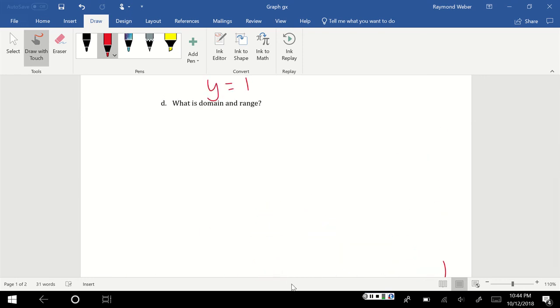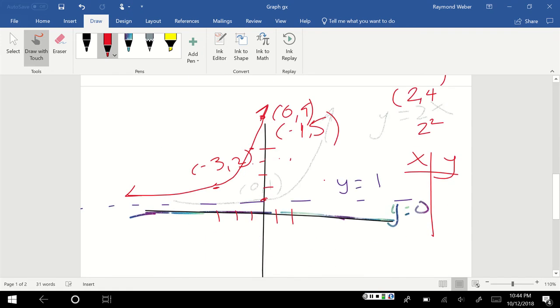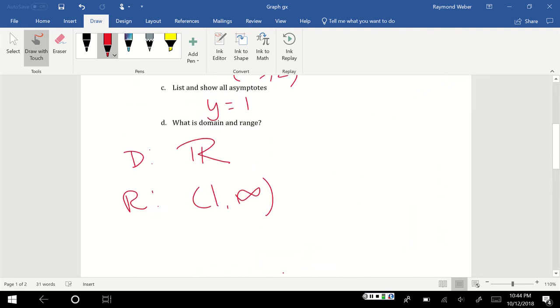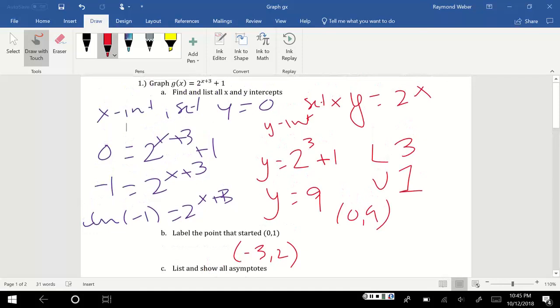So my domain is all reals, but my range is (1, infinity). And I use parentheses because this is an asymptote and it's not going to cross it. So we're never actually going to get to 1. I'm going to get close, so I can't include it. But this is how you could hand graph them, as well as solve the equations. And as I said, this is going to be part of your graphing assignment this week.